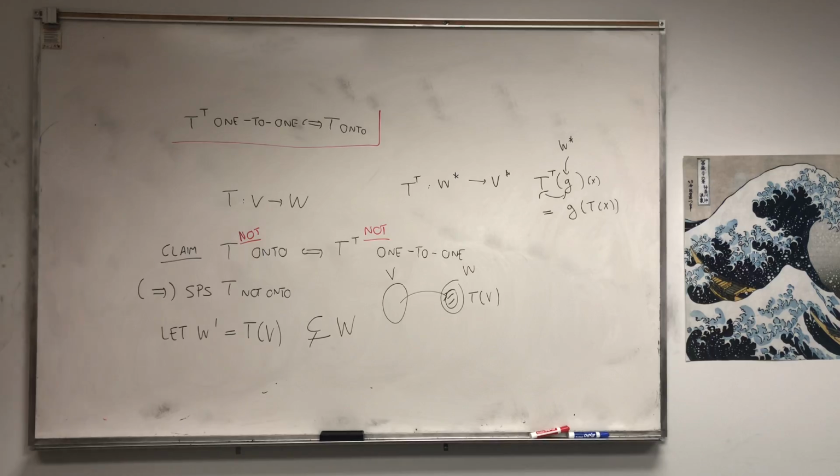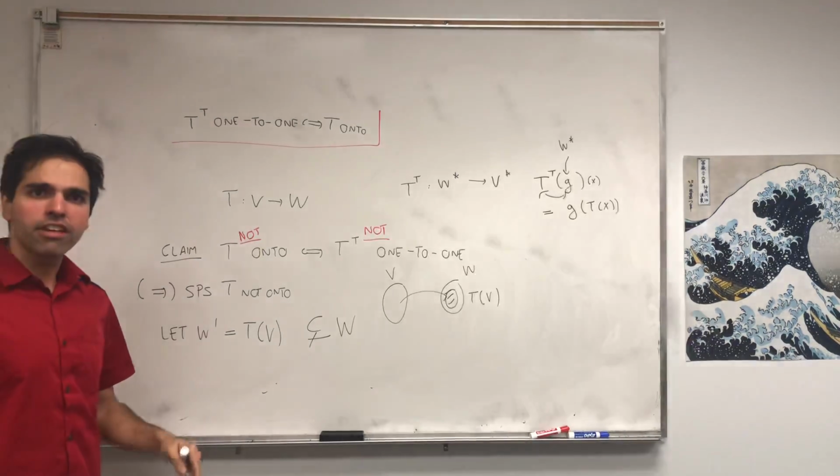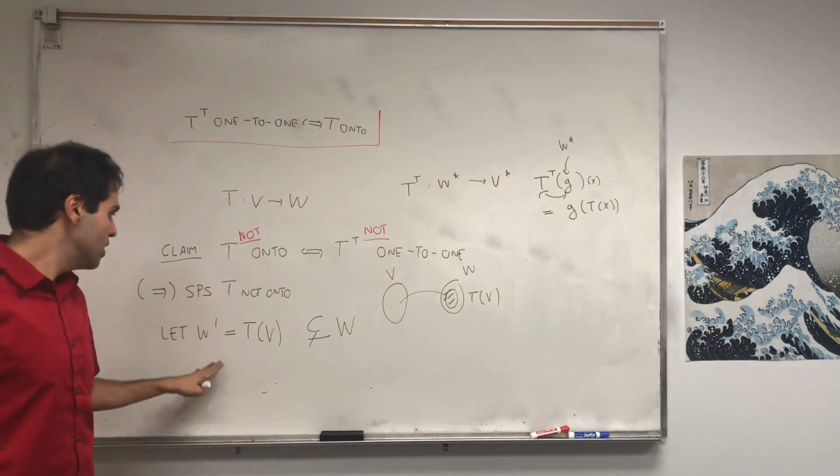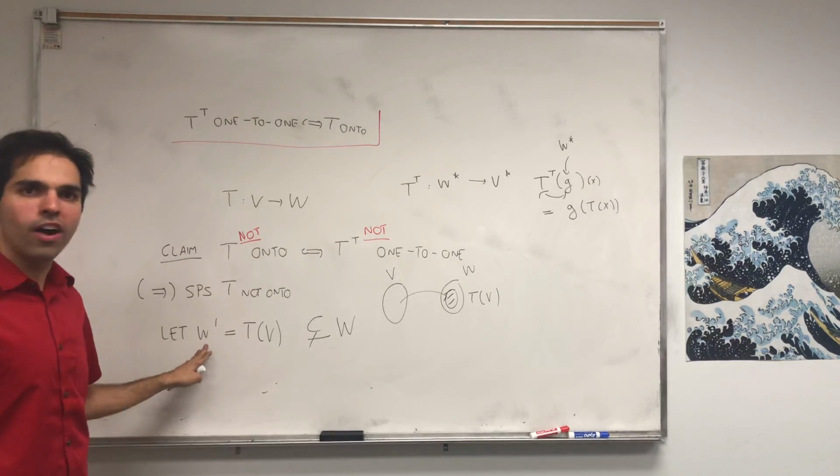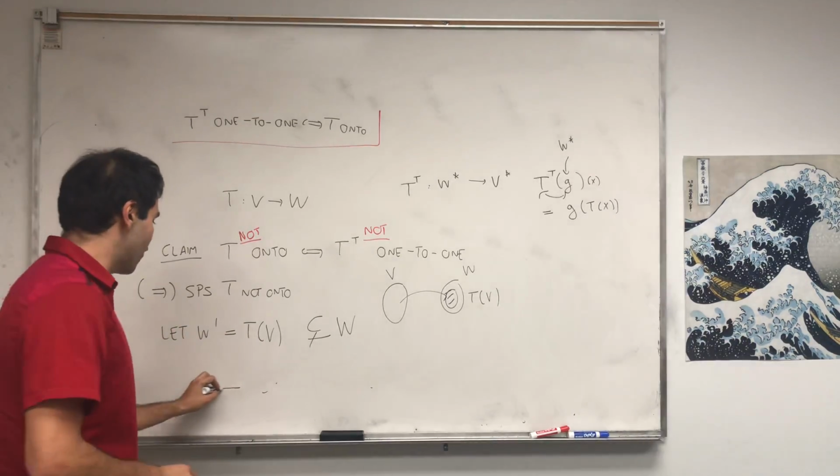Because we have a strict subspace, it turns out we can define a functional that is 0 on W prime, but that is not the 0 functional.